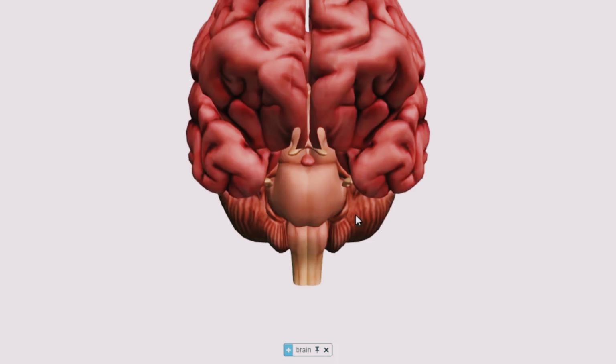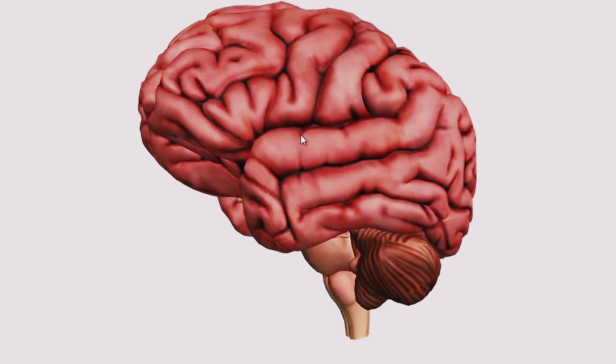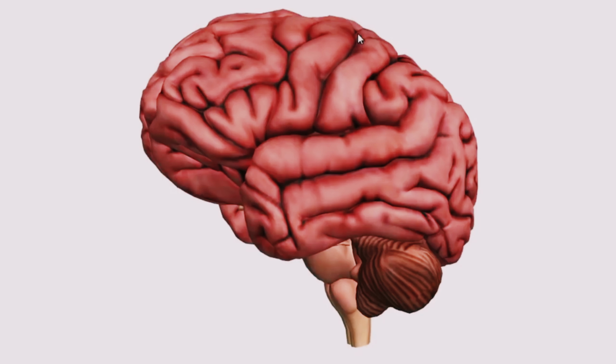Just looking at the outside of this cerebral hemisphere, you can see that there are these grooves, and you've got ridges. The ridges are called gyri, and the grooves are called sulci. And you've got lots of these different grooves and ridges, as you can see, and they all have different names. But 2 important ones to remember are the central sulcus, which I'm showing you here with the arrow, and the lateral sulcus.